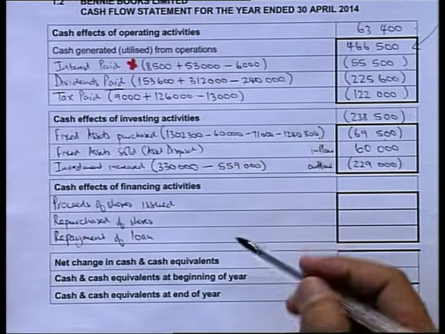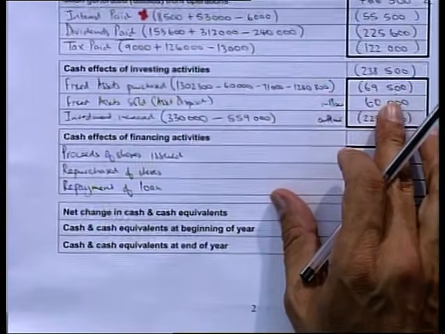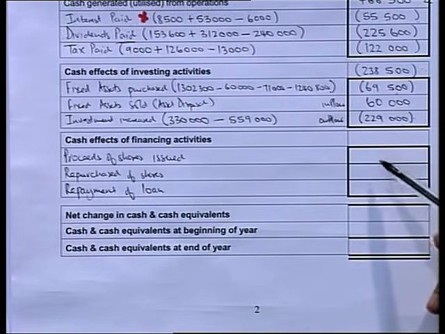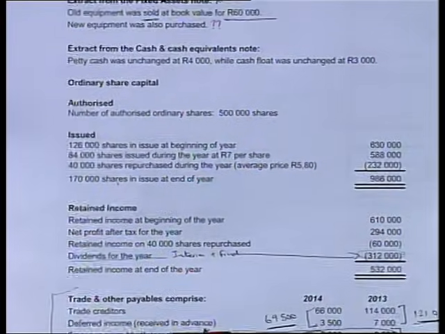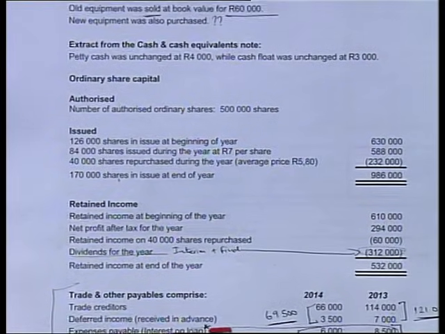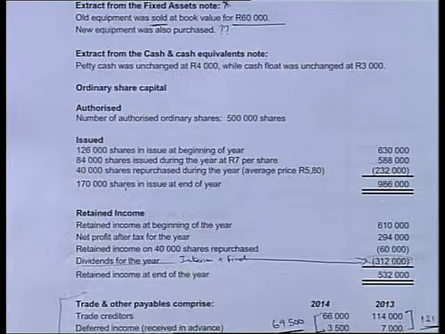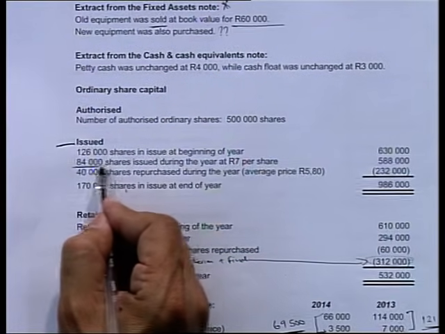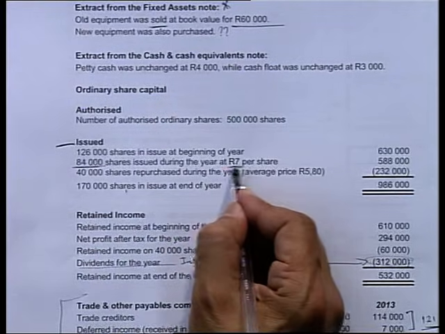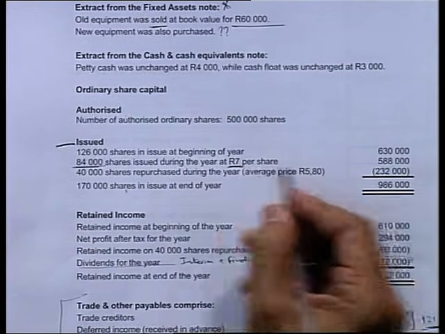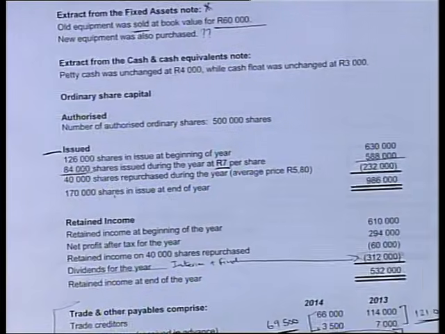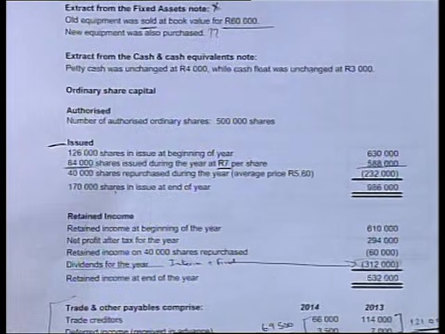Okay. So for those three items, we now have to look at the additional information to see if we can find any of those items over there. So the first item we're looking for will be the issuing of extra shares. So there we have a heading issued. It says that we've issued 84,000 extra shares at 7 Rand, and we received 588,000 for those 84,000 shares that we've issued.